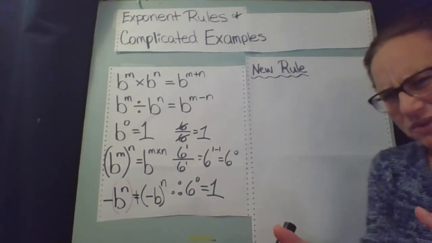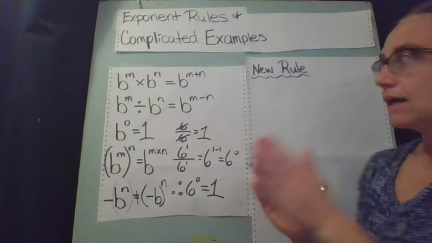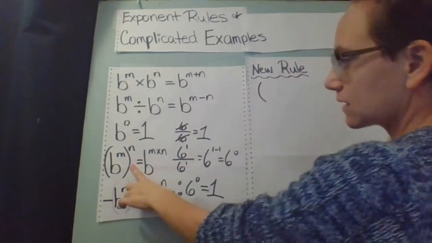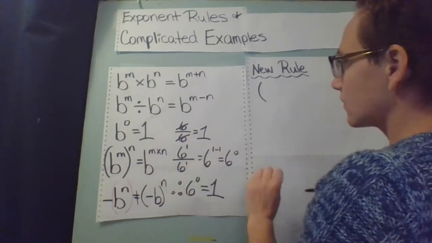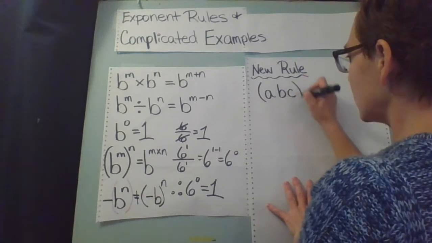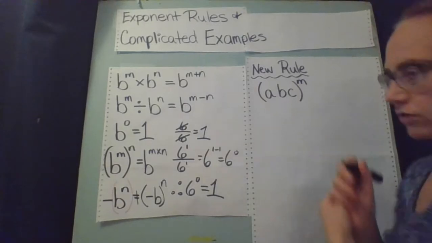Okay, so I'm going to take what we just did in that last example, and I'm going to expand it to a new rule. So what's going to happen is I've got A, B, C inside, all to the exponent, whatever.